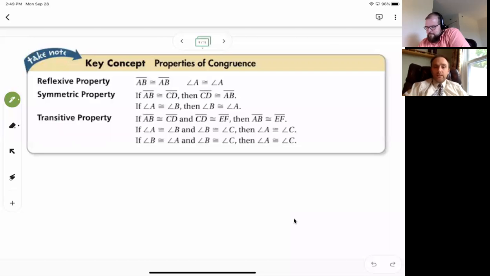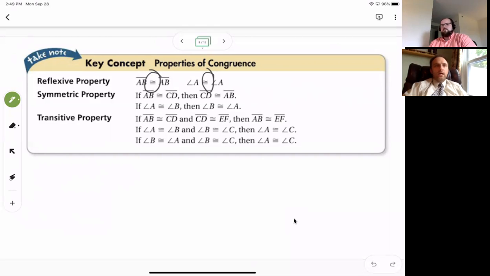This page is designed to scare you. It's true. But all it is the exact same properties. The only difference is instead of equal signs, we have these congruent signs. That's it. So don't fret. It's a slightly different thing. Congruence is different from equality. It has to do with transformations that we don't really know about yet.